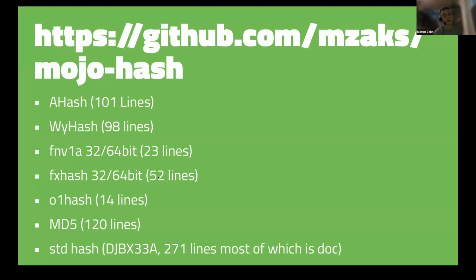Then I re-implemented this O1 hash. I implemented MD5, and for reference, there is a standard library hash, DJBX33A, which is 271 lines, but the algorithm itself is very simple. Most of the stuff is just documentation and some infrastructural things. So this one as well, if you are interested, please have a look. It's quite a simple implementation.